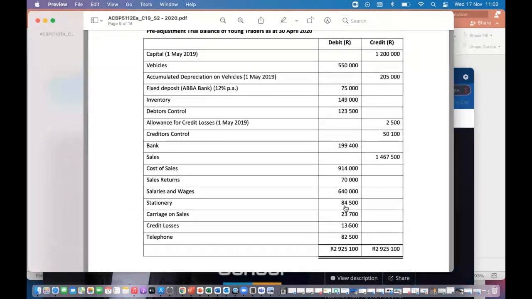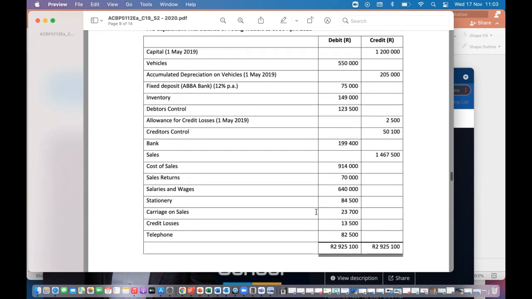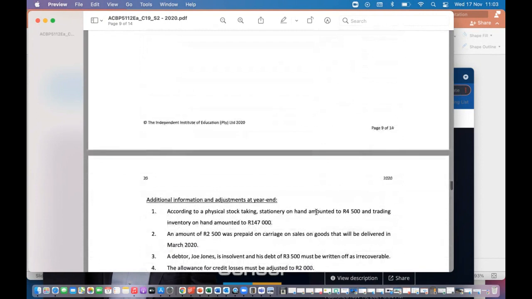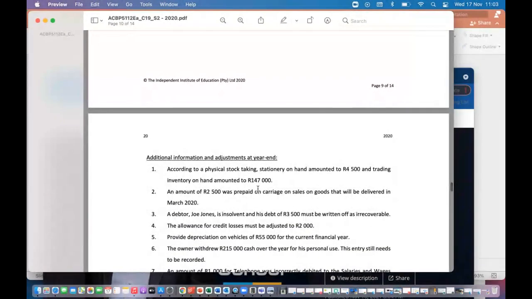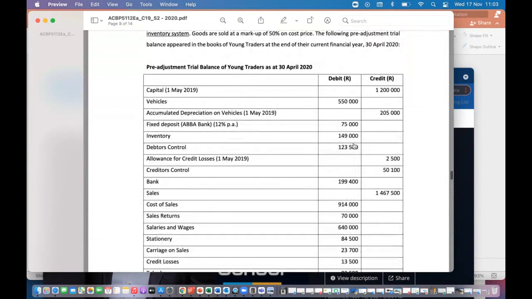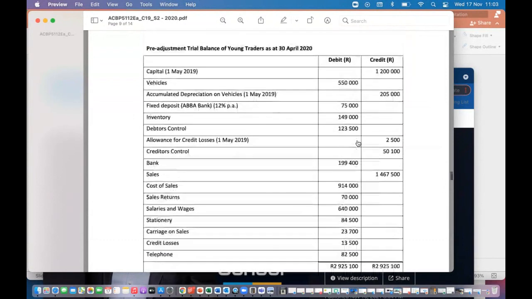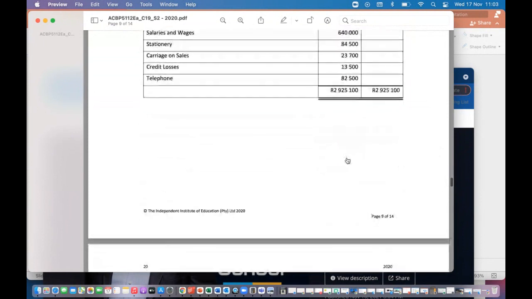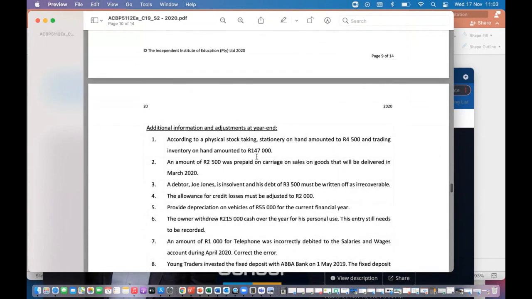We said 84,500. So we now need to deduct that by 4,500 to reduce that expense, and then consumable stores on hand will also be affected. Inventory, same thing. It amounted to 147, but in our books, how much did we have? 149. So we need to increase cost of sales and decrease trading inventory by 2,000.